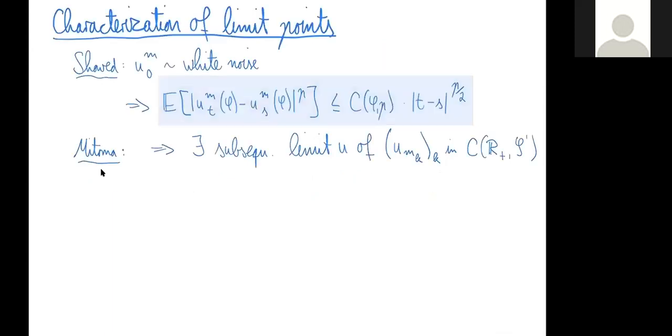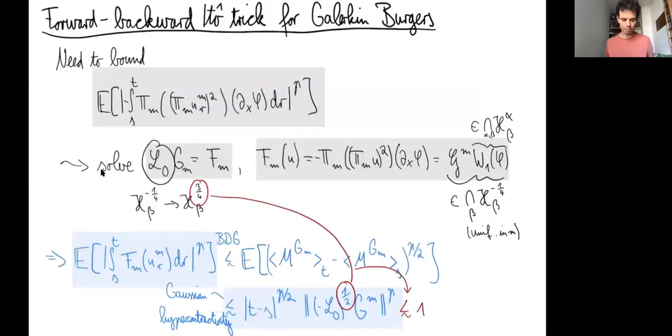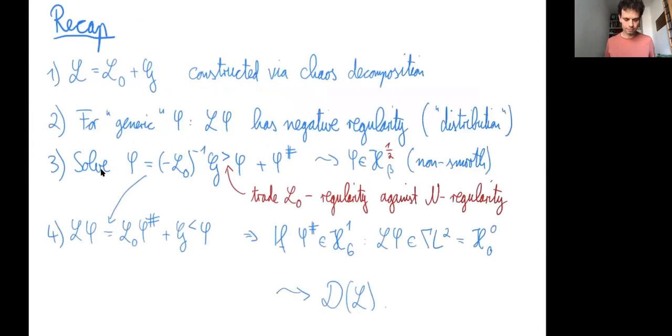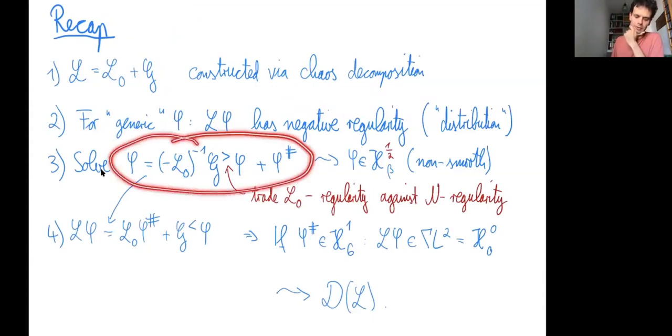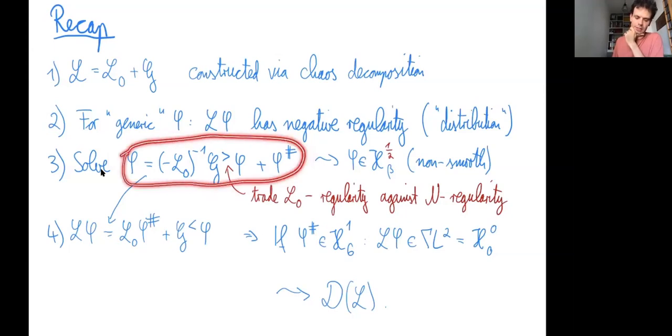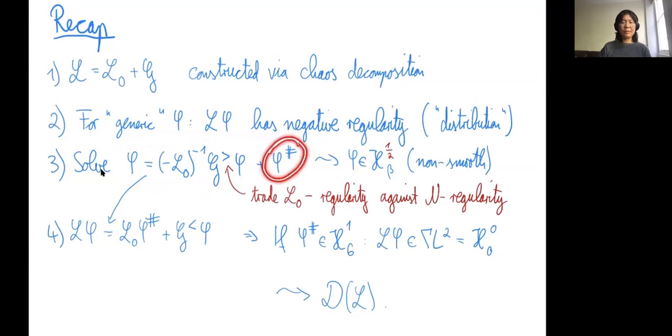But how can we see this? So let me see where we had this. We have to solve this equation, right? And now the question is whether solutions to such equations are dense in L2. We parameterize them by these guys.